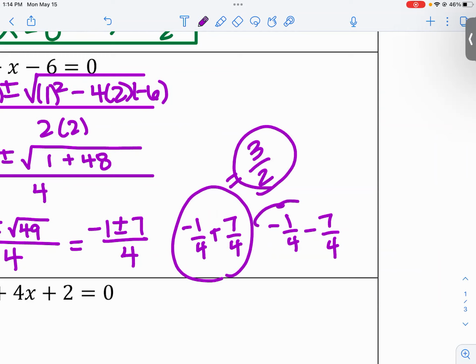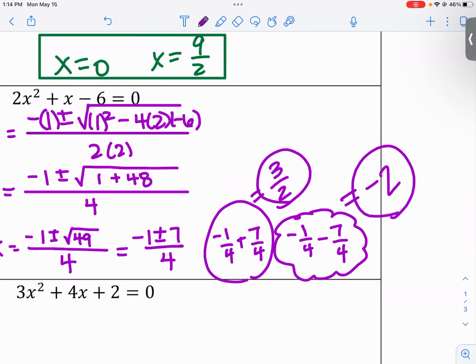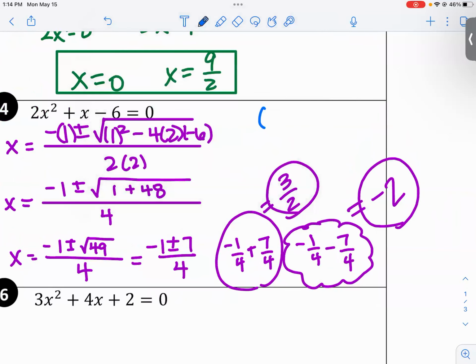What is this one? -8/4, right? 2. So -2. We could have factored this to 2x minus 3 times x plus 2. That's what that means.